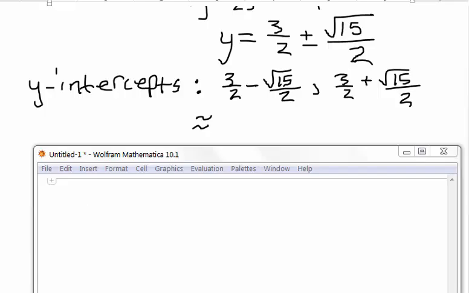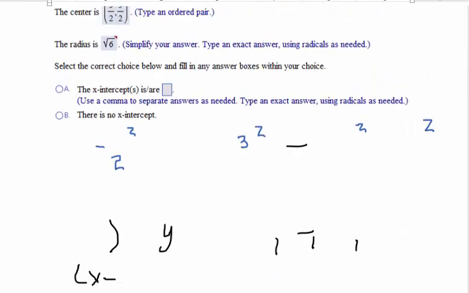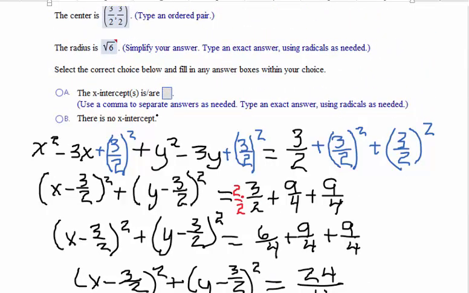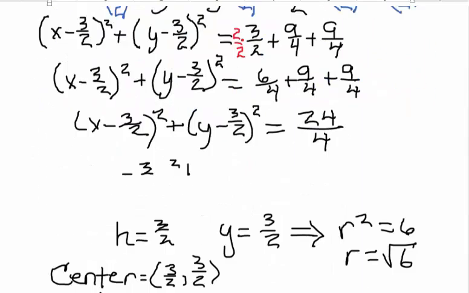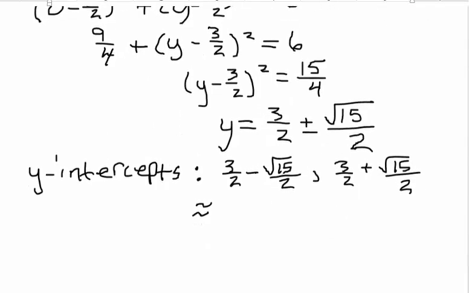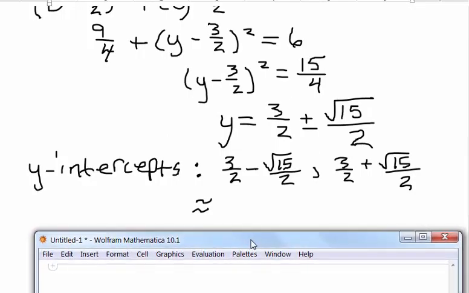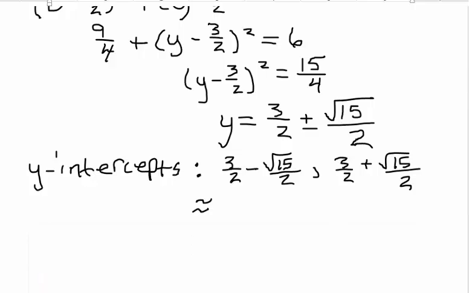And let's look back at the problem for a minute and see what they told us. Oh, they want an exact answer, so we don't need to round this off. But we do need to get an approximation in order to know where to put these intercepts on the graph. So I'm going to use Mathematica. I'll let you know how to download that.